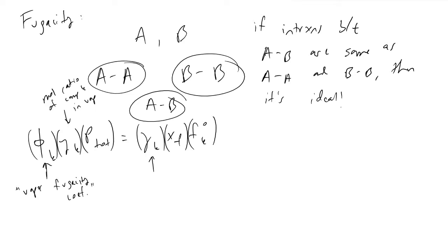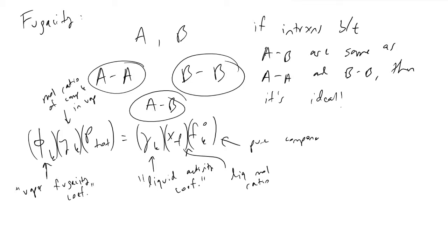This gamma sub k is referred to as the liquid activity coefficient. x sub k is the liquid mole ratio. And f naught sub k is what we call the pure component fugacity.